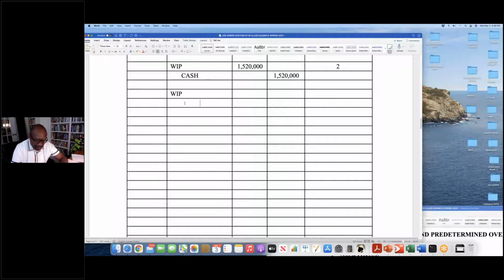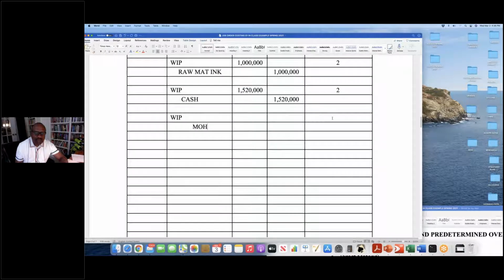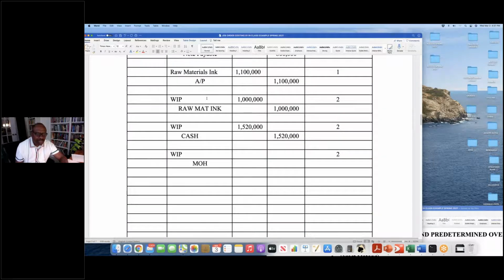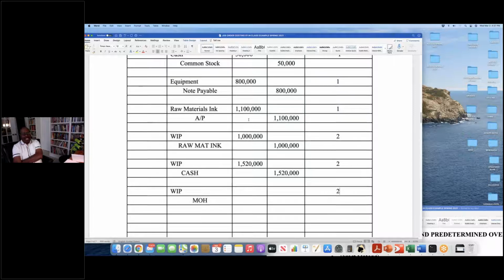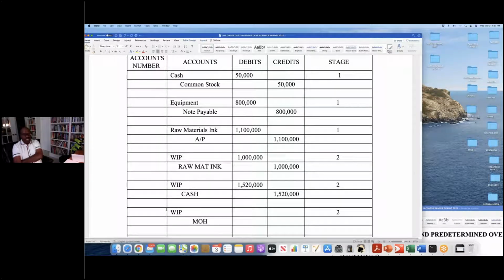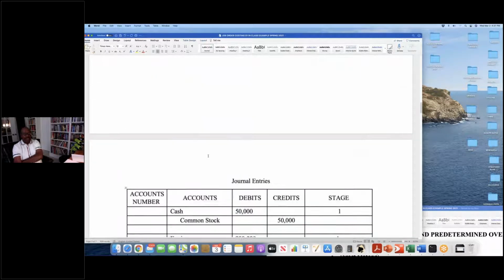Manufacturing overhead, MOH. We're still in what stage? Stage 2. So when we're in stage 2, it should be easy to remember that you have 3 debits to work in process. We don't even have to check the sheet. It's always 3 debits to work in process.